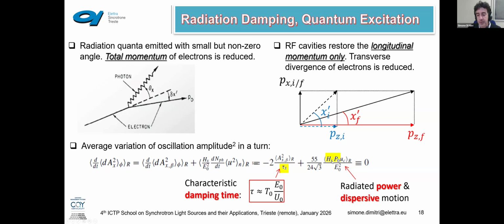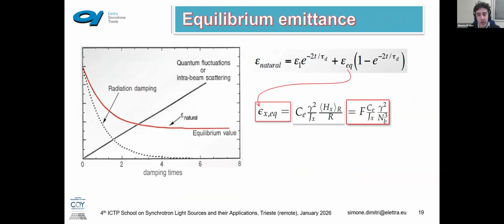The larger the dispersion is, the larger the amount of radiation is, the easier it is to counteract the quantum excitation. In other words, by combining these two terms, you always get to an equilibrium condition, which translates into an equilibrium emittance, which is another way of parameterizing the horizontal distribution in the x-x prime phase space.